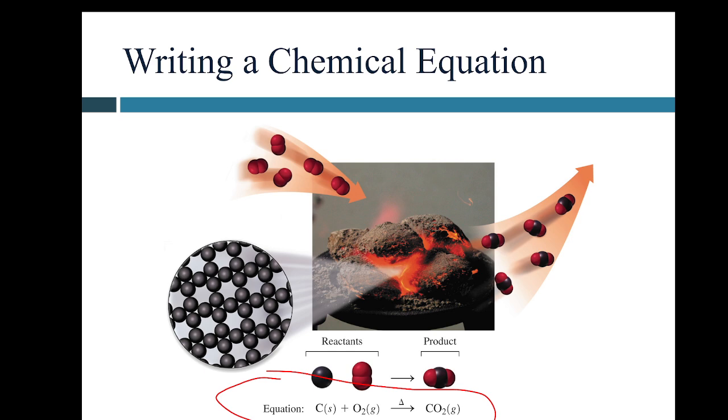Now, it literally is an equation. See this arrow thing? It's the same thing as saying equals. And so if I have 1 carbon on the left, how many carbons on the right do I have to have? Yeah, 1. It has to equal out, doesn't it? If I have 2 oxygens, it has to have 2 oxygens on the products.